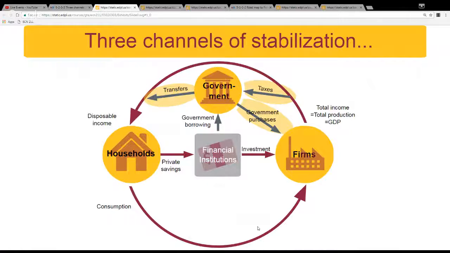And that circular effect that's inherent in the circular flow diagram will mean that that $1 that the government spends could go around more than once. Now, how often a dollar of government spending goes around in the circular flow diagram and generates spending on top of spending, from spending to income to spending to income, that's called the multiplier, the government spending multiplier. And how big that government spending multiplier is is very controversial.